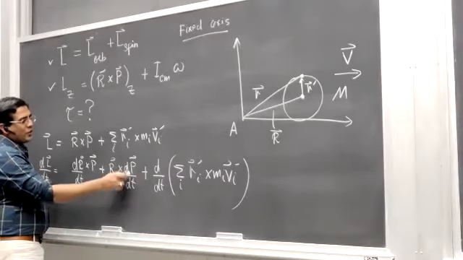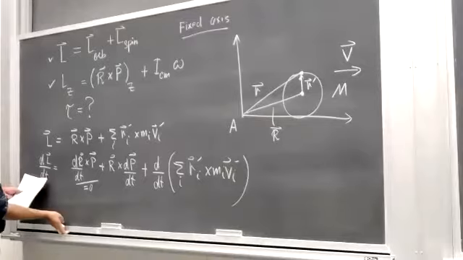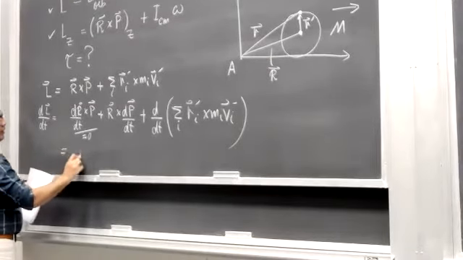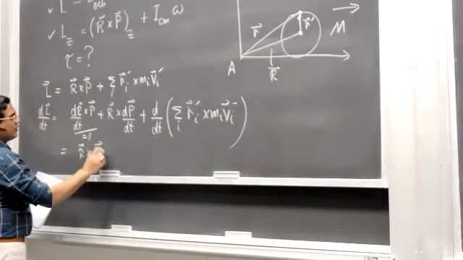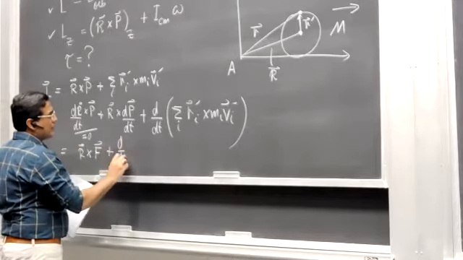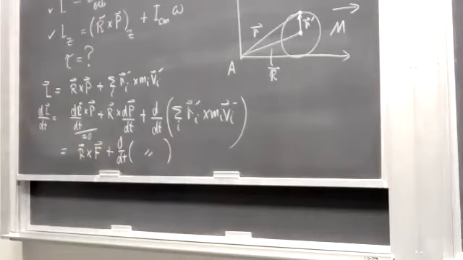How about this term? What is this dP over dt? Force. That's force. So the relationship simplifies to R cross F plus d/dt of whatever is in the brackets upstairs. Get it?